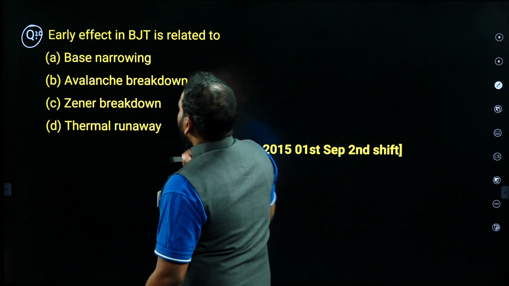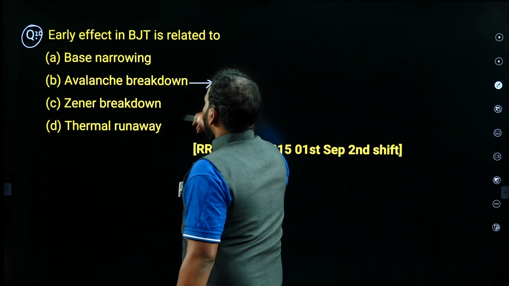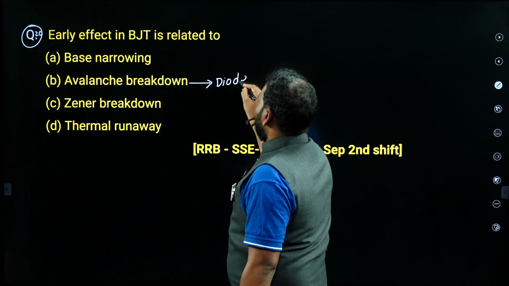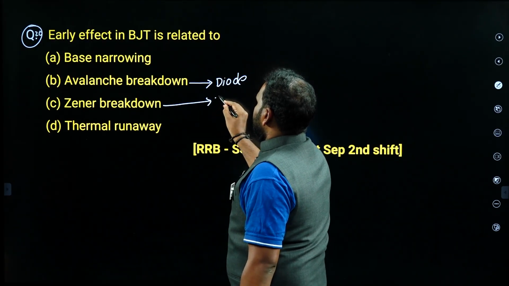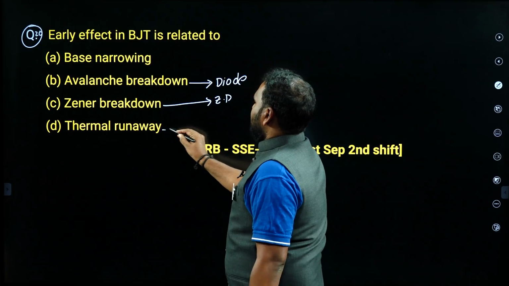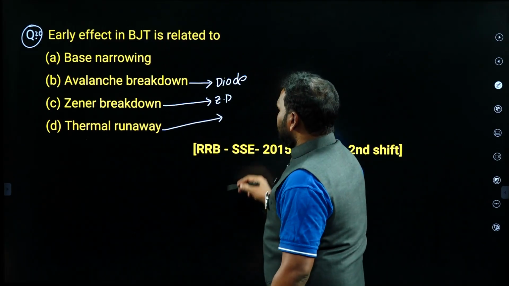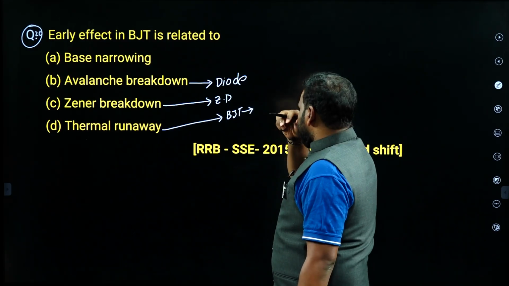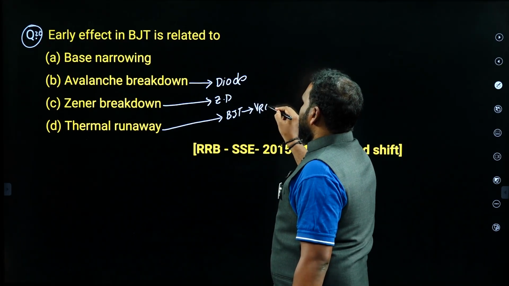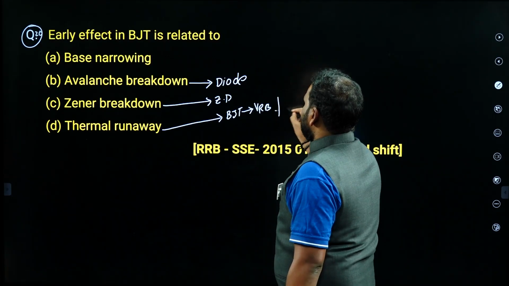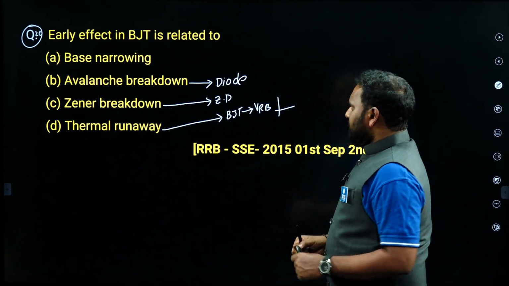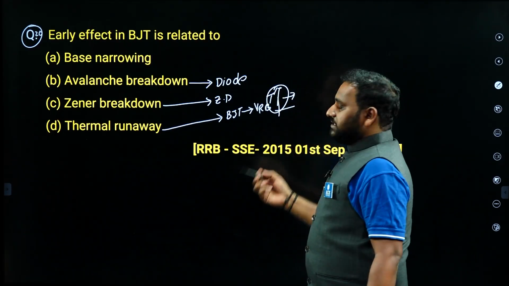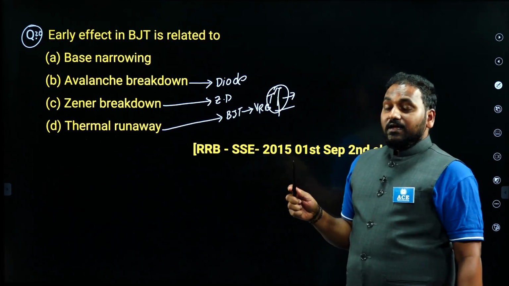Listen, avalanche breakdown occurs in, do you remember, a diode. Zener breakdown is related to the Zener diode. Thermal runaway is related to the BJT. While you are increasing the VCC, I mean the reverse bias voltage in the transistor, or otherwise due to an increase in temperature, IC increases, which again increases the temperature.